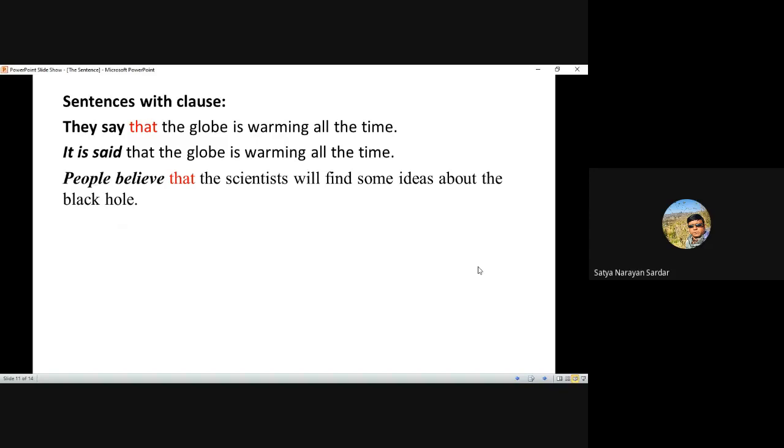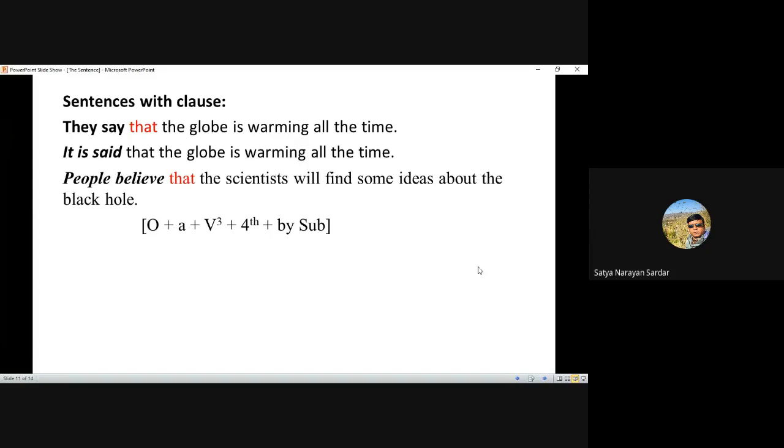They say only should be changed into passive. Same is here. People say that the scientists will find some ideas about the black hole. Its answer can be what? Same, so like it is believed. It is believed that the scientists will find some ideas about the black hole.